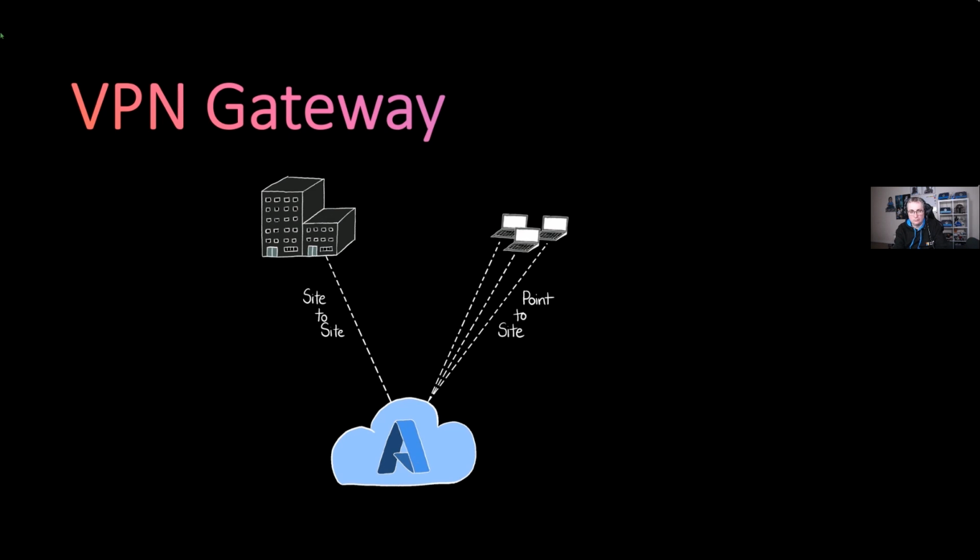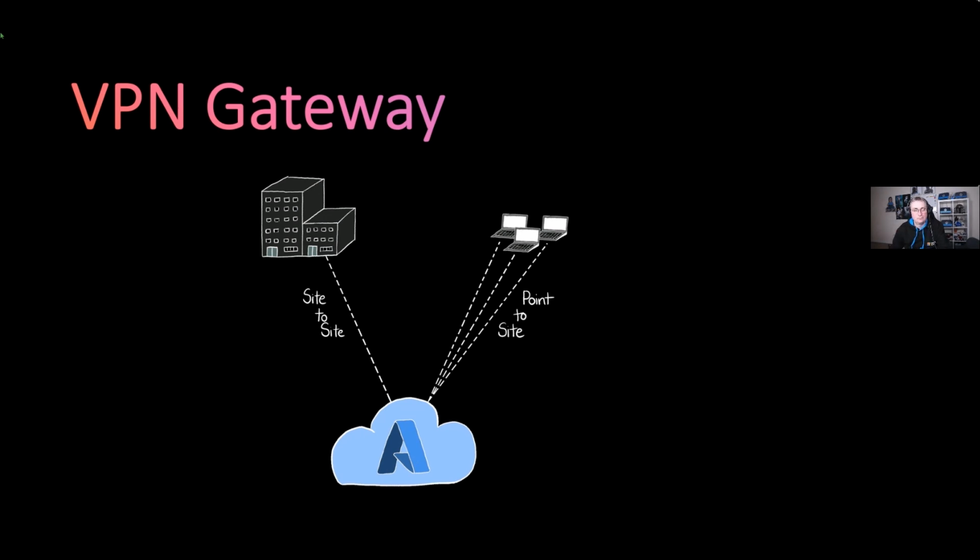This is because there's a client that sits on the machine that's configured with security certificates that will allow that connection. So you might have to authenticate through Azure Active Directory or put in a username and password as well, but that configuration sits on the machine. It's great for distributed workforces, but there's an additional overhead because each machine, whether it's done manually or through some sort of group configuration management, needs to be configured to allow that communication to Azure.